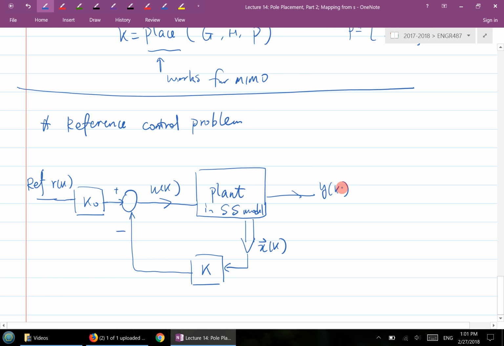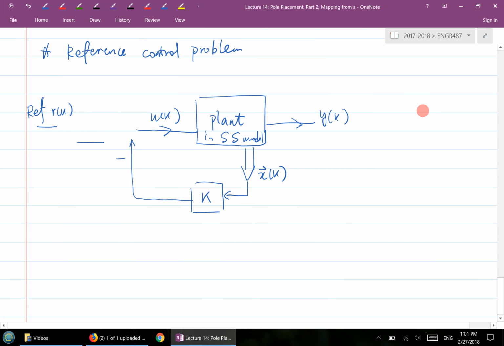So that's the simple structure for reference control. The difference is you have a reference input, and then we have an additional block we call a scaling block here. I'll show you how to find these two blocks.